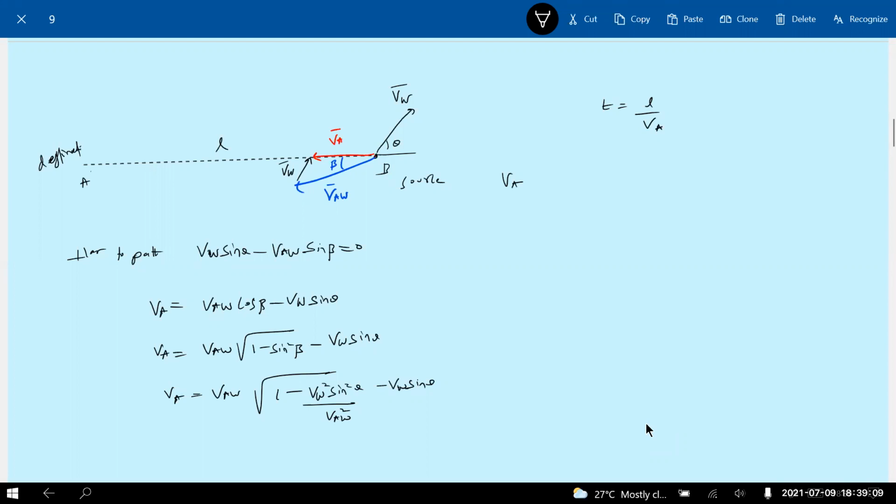Sir, it should be VW cos theta only, no, sir. VA is equal to VAW cos beta minus. What I wrote is correct, no? What is the problem?